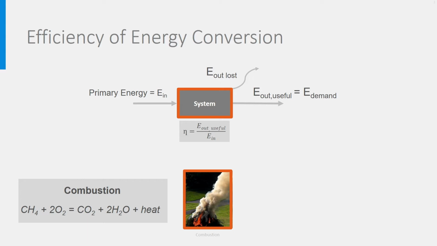The lower heating value refers to the heat released by the combustion process up to the moment that the fume temperature has decreased to 150 degrees Celsius. The temperature of the combustion process itself is much higher, around 300 degrees Celsius for wood and up to more than 2000 degrees Celsius for gas or coal.